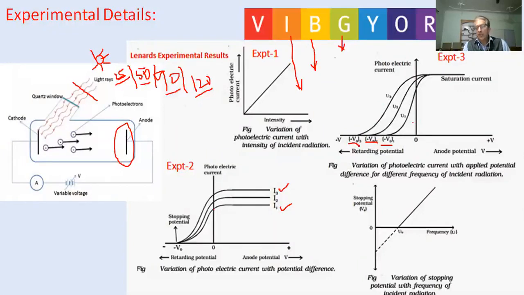becomes zero. Now see, in this case, you will see that the stopping potential becomes directly proportional to the frequency, and it is independent of the intensity of light. Now, if we plot a graph between stopping potential, we have 3 readings for stopping potential and 3 frequencies, and the frequency, it will be a straight line.